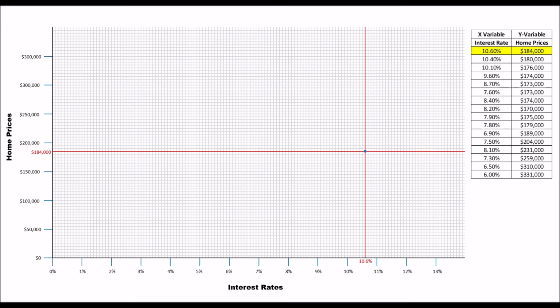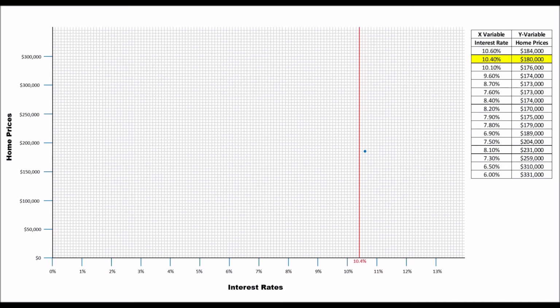Okay, so we've got our first set of values plotted. Now let's go to the next. The next value that we need to plot is 10.4% interest with a corresponding home price of $180,000. Just like we did for 10.6%, we'll locate 10.4% interest and draw a vertical line. This vertical line is where the interest rate is 10.4%.